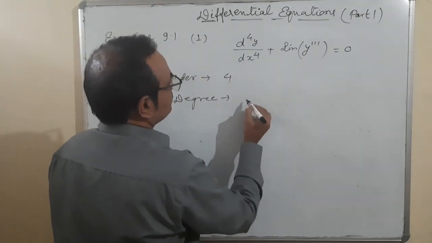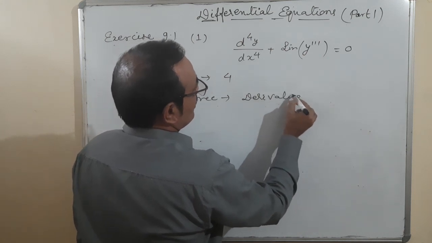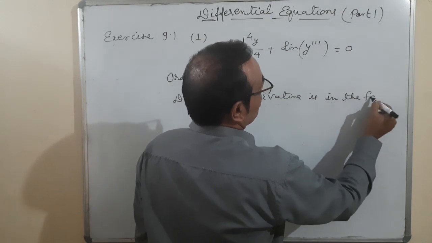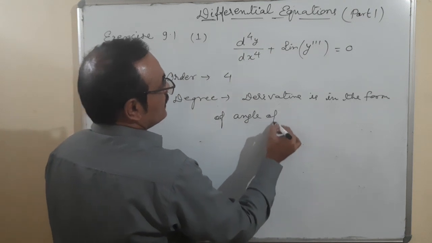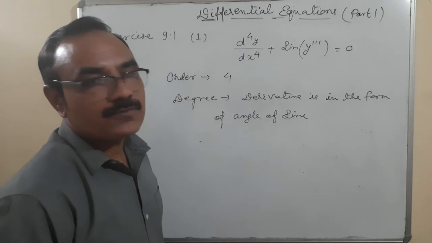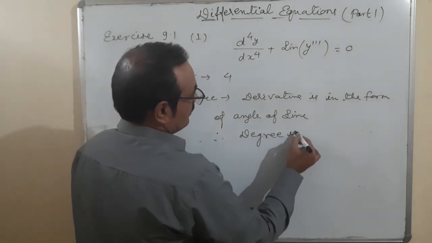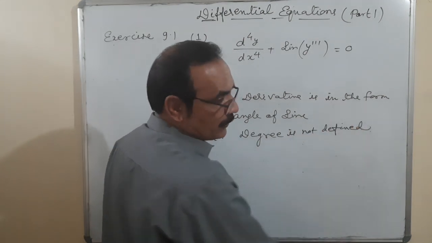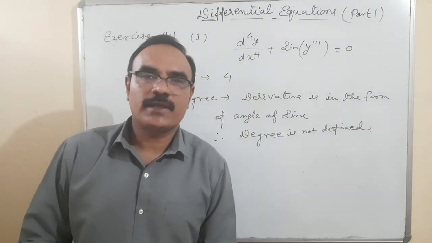Since the derivative is in the form of the angle of sine, therefore degree is not defined, because it is not a polynomial. Okay?